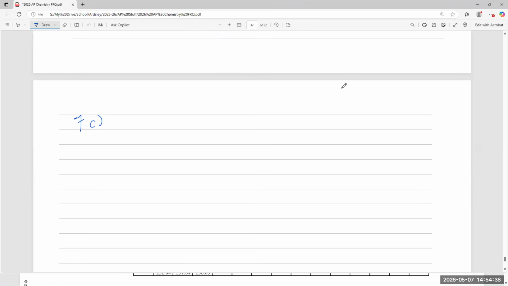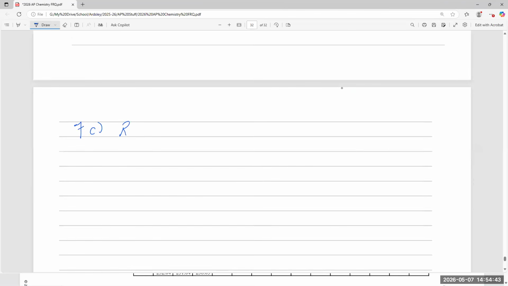It says why the lattice energy. Okay, say rubidium has much larger radii than that of sodium.